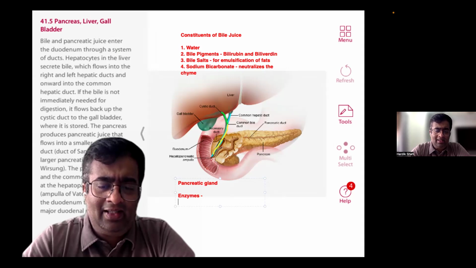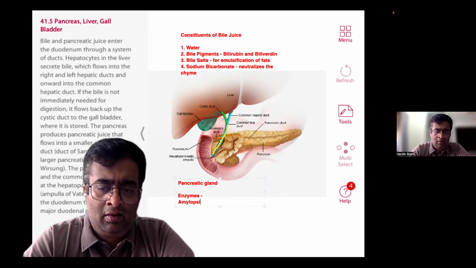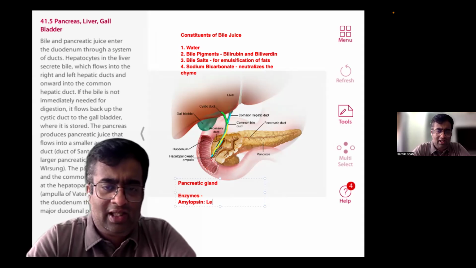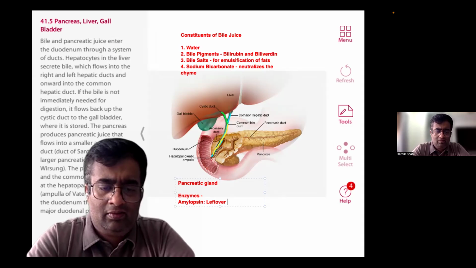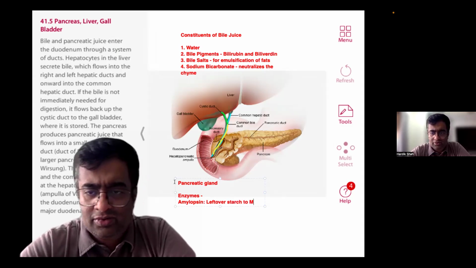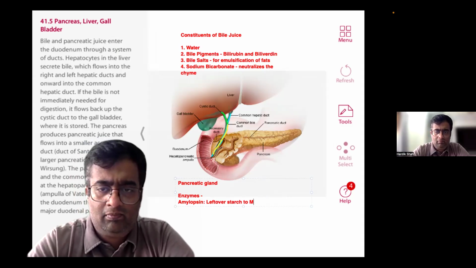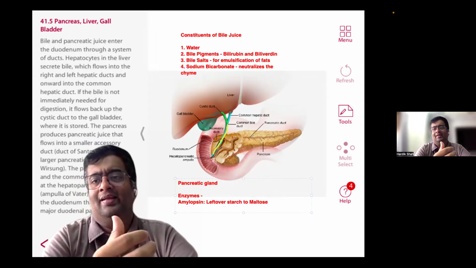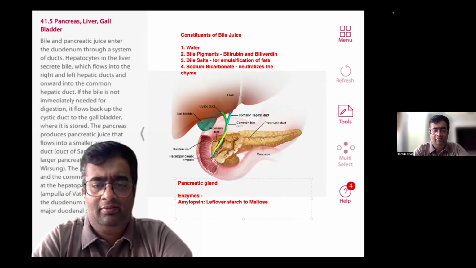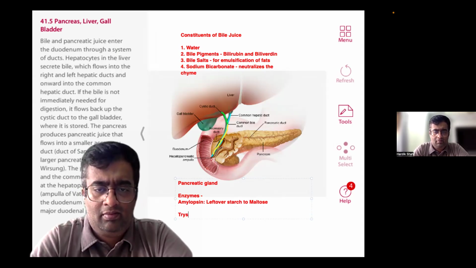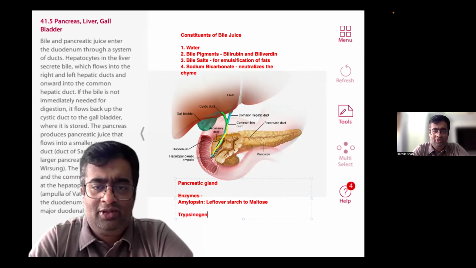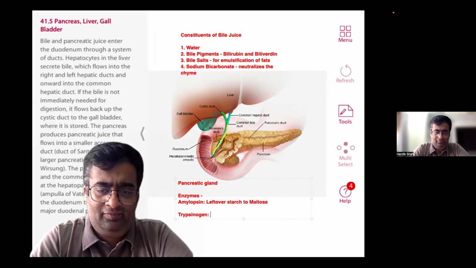This pancreatic amylase, also called amylopsin. It will break down leftover starch to maltose. Then there is an inactive enzyme called trypsinogen. Now, this trypsinogen is first converted to trypsin.